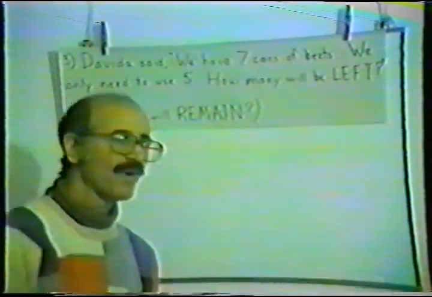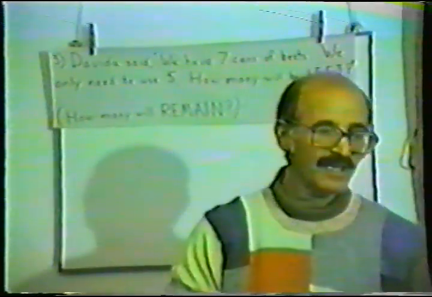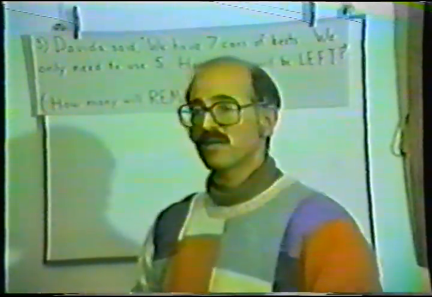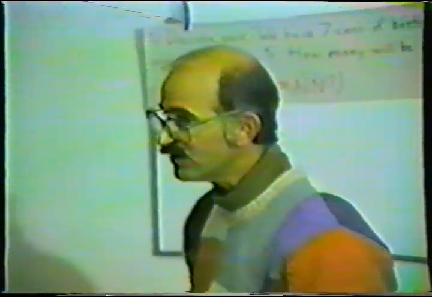Number 3. Davida said, "We have 7 cans of beets. We only need to use 5. How many will be left?" If we're asking how many will be left, it's because some have been used.